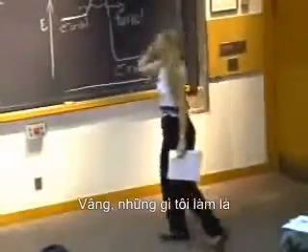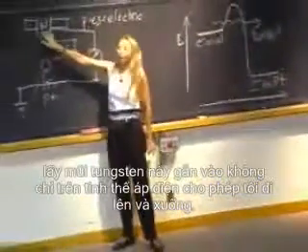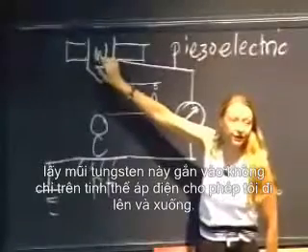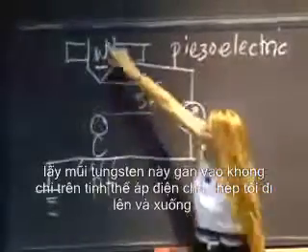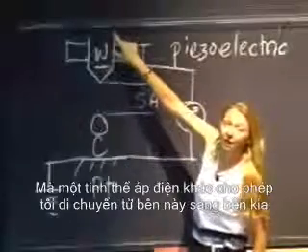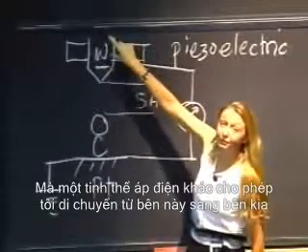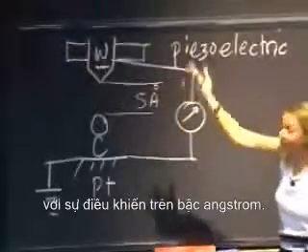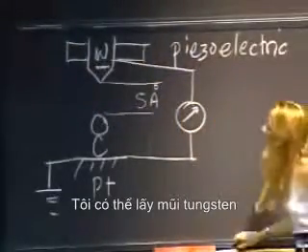Well, what I do is I also have this tungsten tip mounted not only on a piezoelectric crystal that allows me to go up and down, but another piezoelectric crystal which allows me to move it from side to side with control on the order of an angstrom.